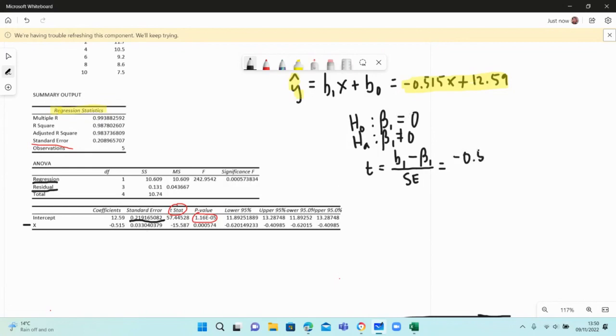Negative 0.515 minus 0 all over the standard error that you see here, which is 0.033040379, which in this case, when you carry out the operation, will just give us negative 15.587. And this is exactly the value that we see here.